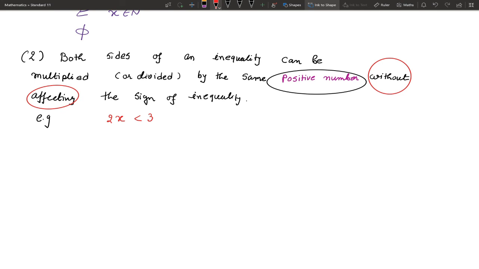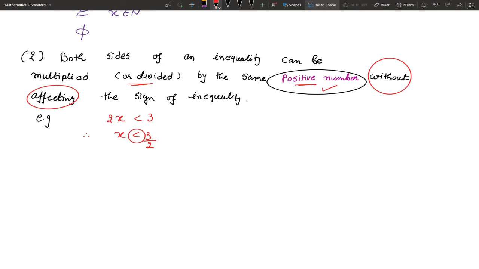So we divide throughout by a positive number, so we divide throughout by 2. So x less than 3 by 2. We have divided by 2, 2 is positive number. So you can observe there is no change in the sign. It still remains less than.